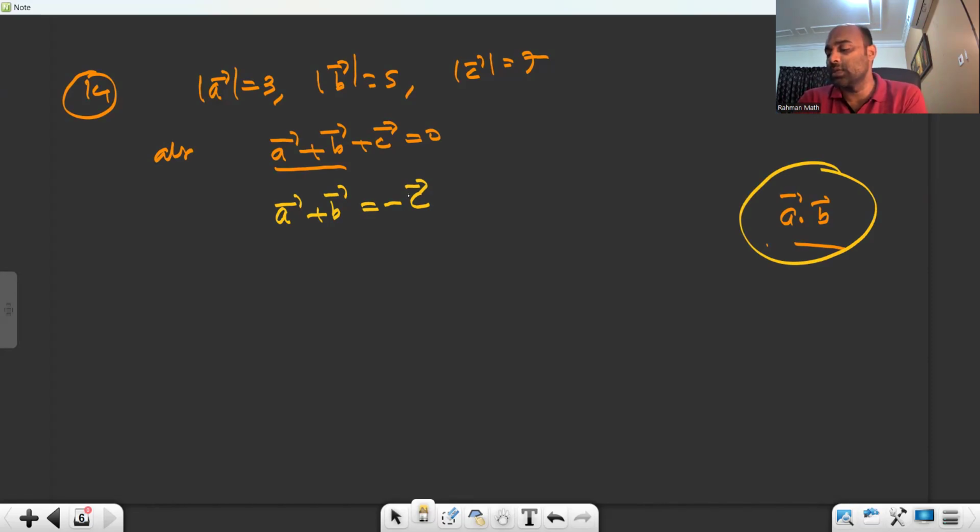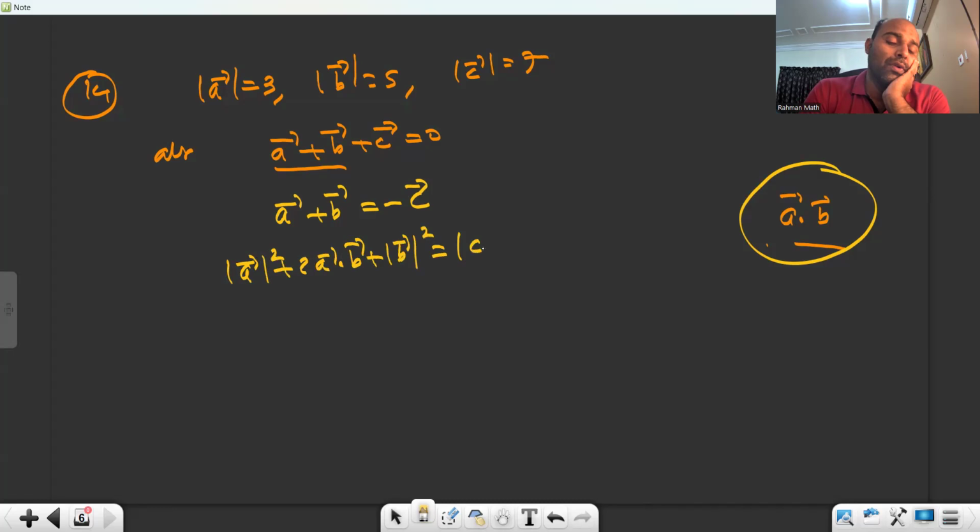Please write, squaring both sides. When you're squaring, magnitude A square plus 2 A dot B plus magnitude B square equals magnitude C square, because when you square, the negative will go. Substitute what you know: 3 square plus 2 A dot B plus 5 square equals 7 square.